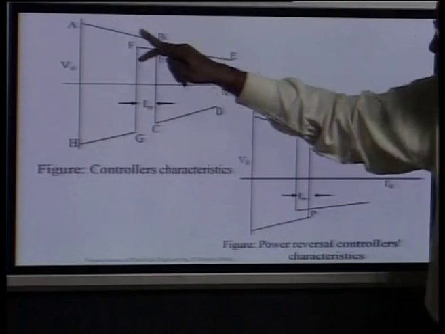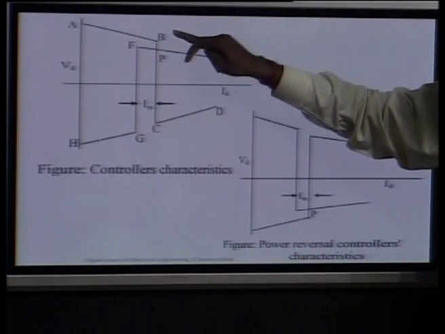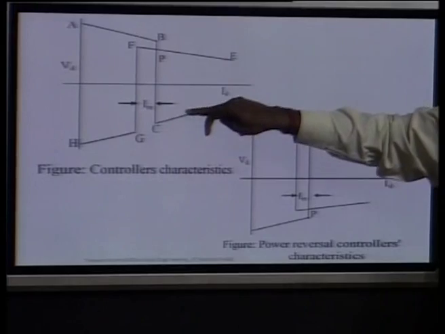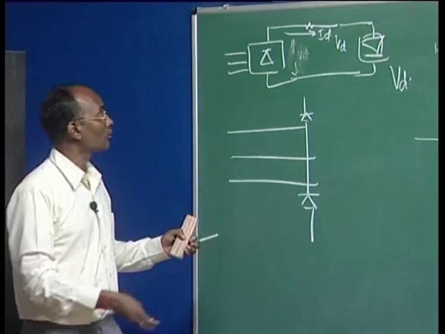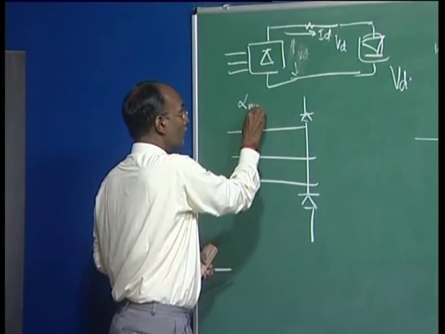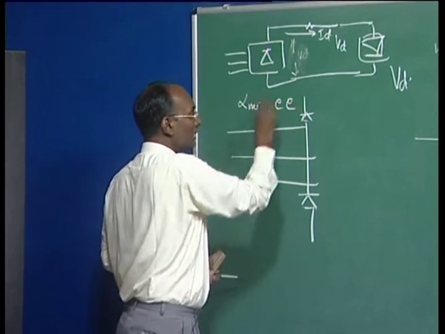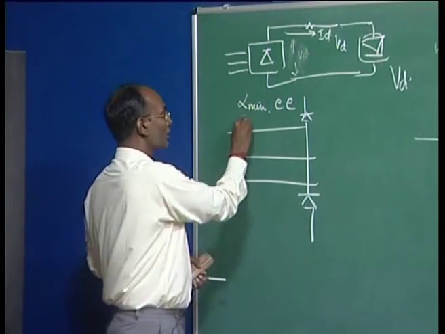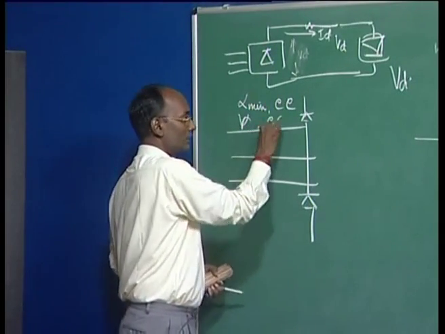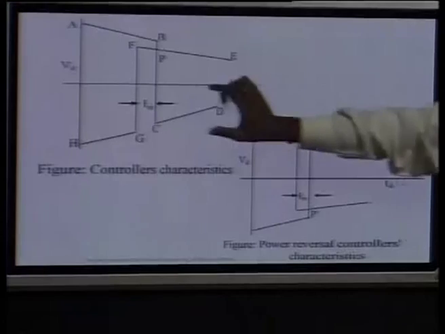One is your alpha minimum control, this is a constant current, and then here the CEA, that is an extension angle control. Means the rectifier which was here alpha minimum and it was the CC, now it is going in the inversion or the power reversal case, it is your gamma and it is CC. So you can see this is half of the current.